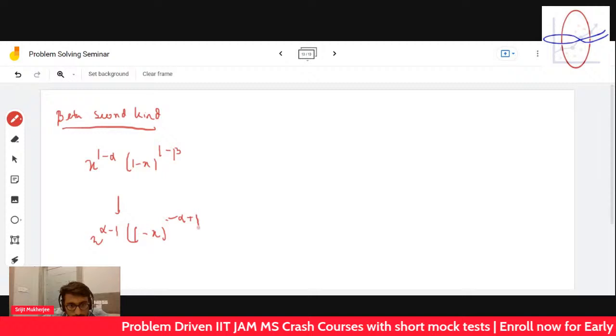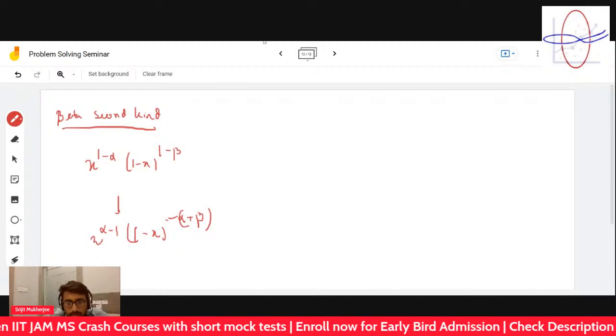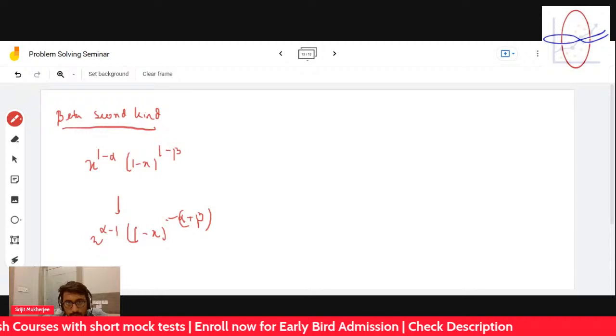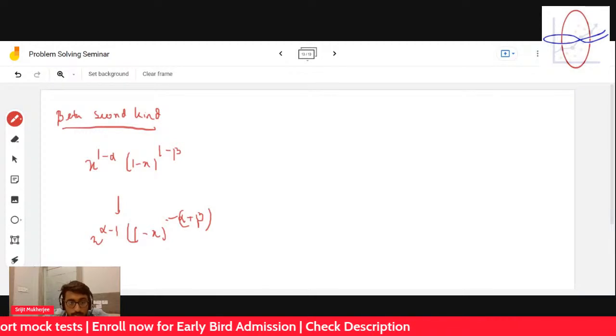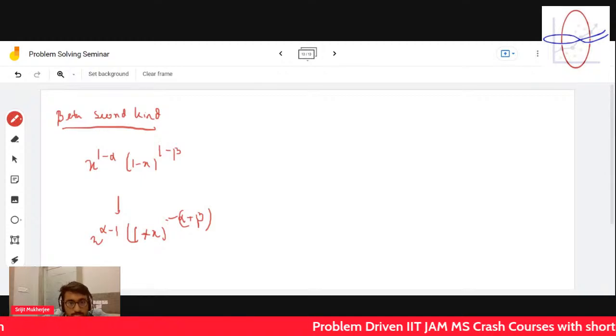Minus alpha plus beta, and that will be 1 plus x, I'm sorry. This is beta second kind. And how is it related to gamma distribution?